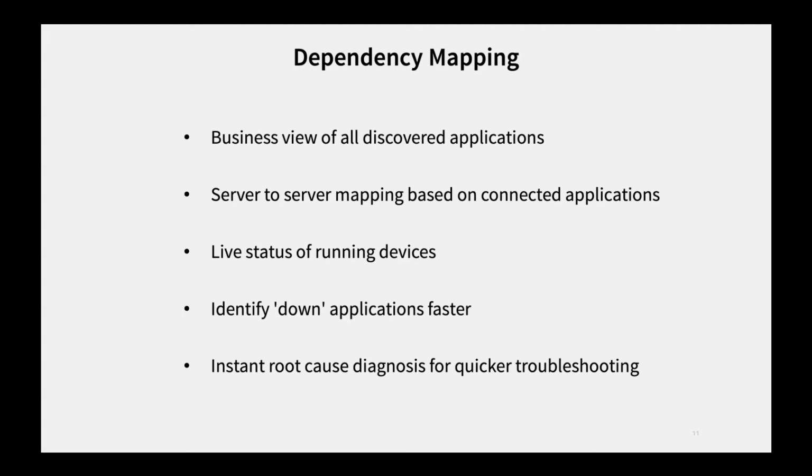Again, the third and fourth points, and in fact even the fifth one, are things that the dependency mapping can do. That is, it can offer a lot of information from a single screen. A quick view can offer a lot of detailed information that would otherwise have to be found by manually going through each of the servers and trying to identify problems.